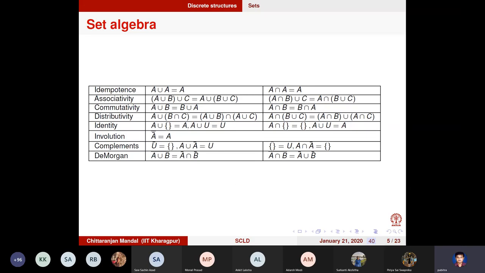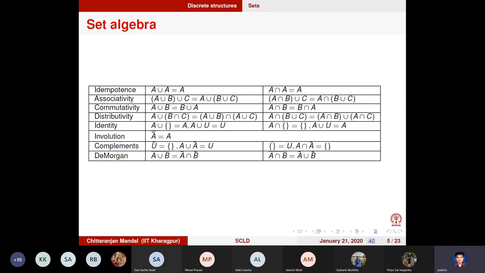Then you have an identity. That means if you take the union of A with the null set, you get A. If you take the union of A with the universal set, you get the universal set. Similarly, if you take the intersection of A with the null set, you get the null set.